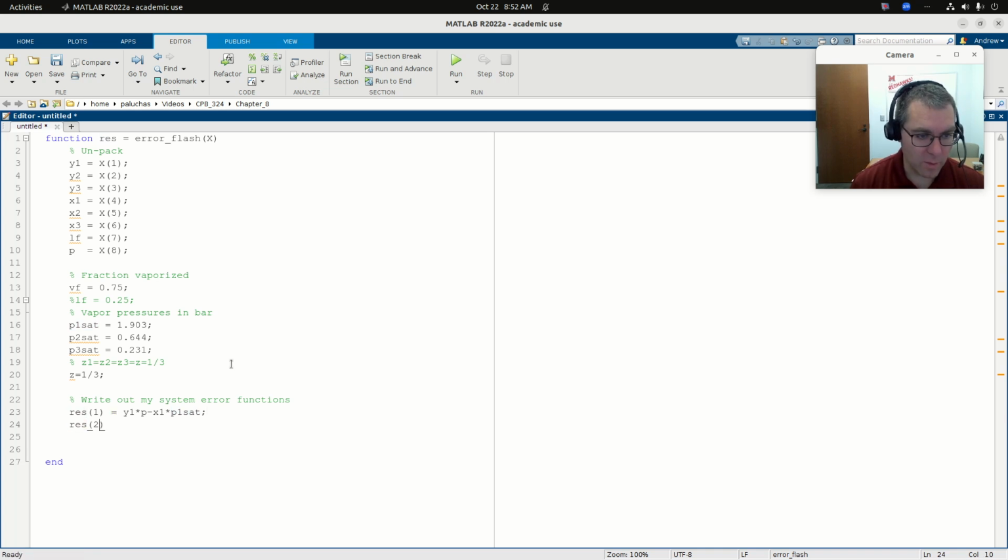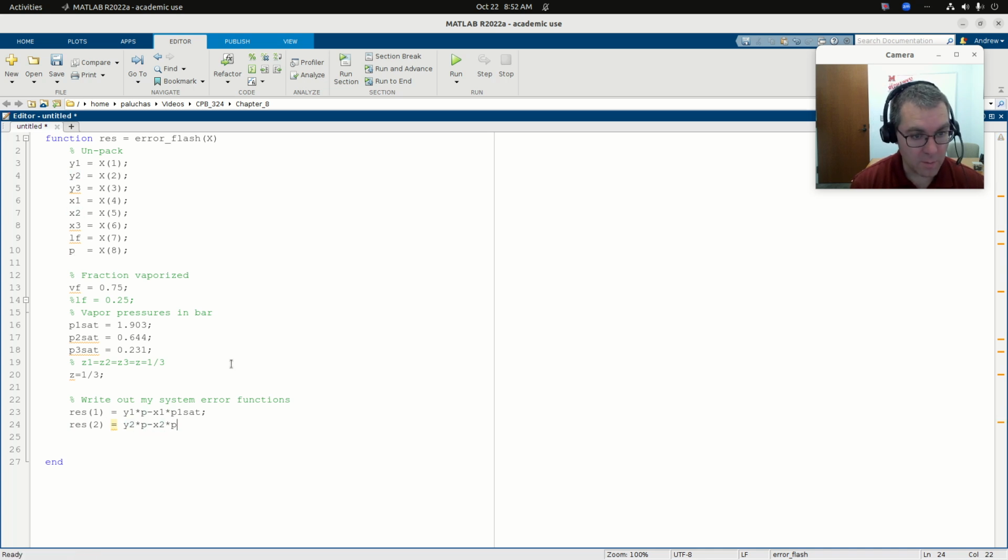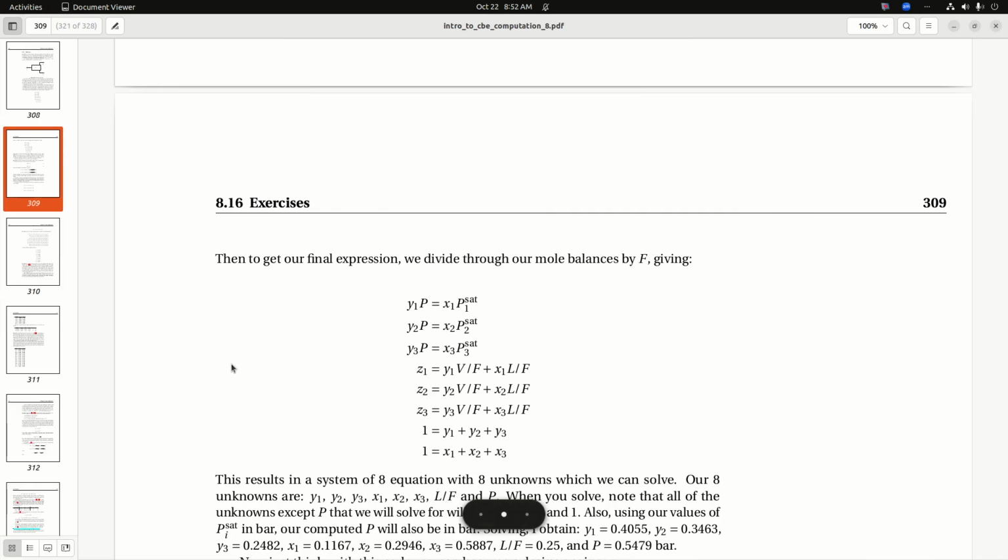My second equilibrium expression is going to be y2 times p minus x2 times p2 sat. My third is going to be y3 times p minus x3 times p3 sat. So there's my three equilibrium expressions.